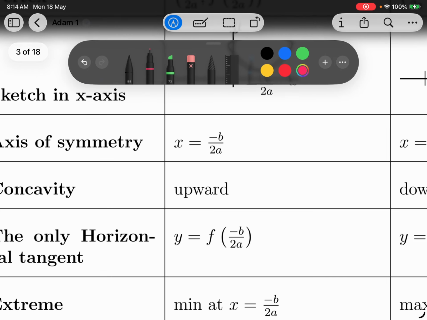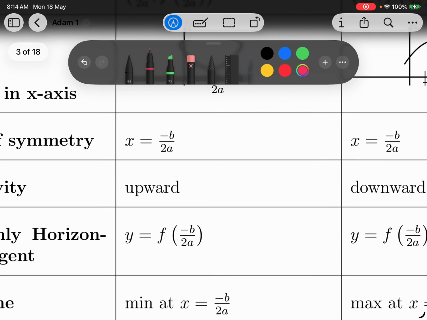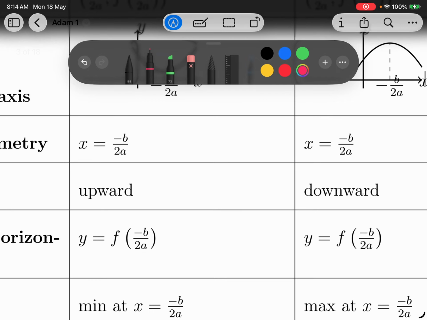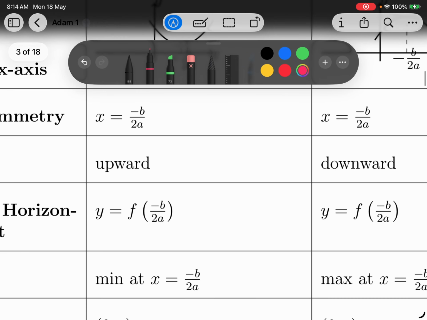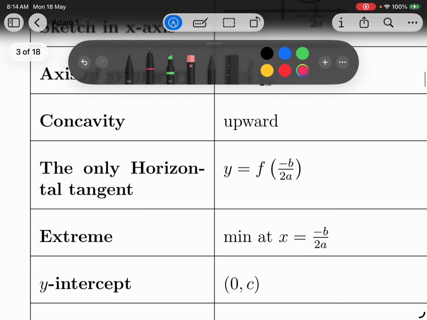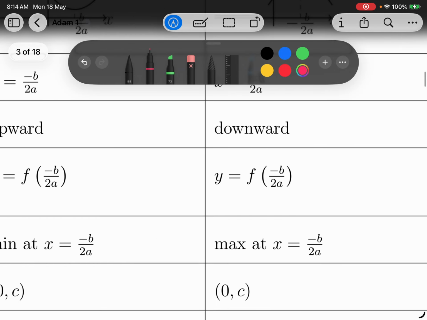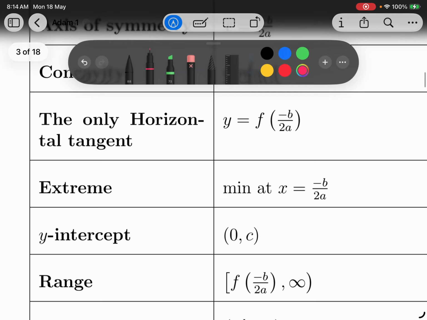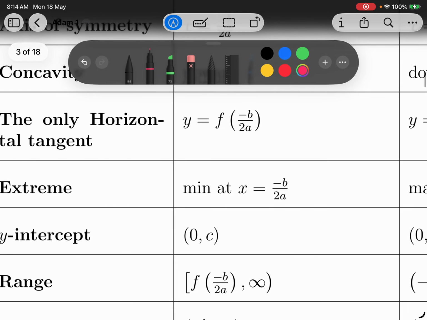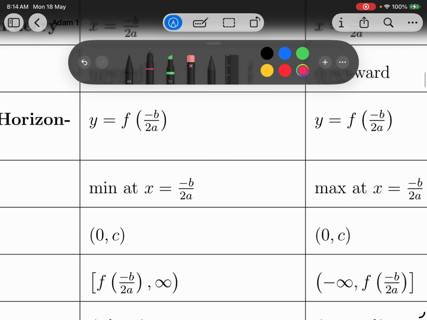And here I have the axis of symmetry, which is x equals minus b over 2a, regardless of the sign of a. And for concavity, it is concave upward or downward. Here we have the only horizontal tangent, which is y equals the y coordinate of the vertex, regardless of whether a is positive or negative.